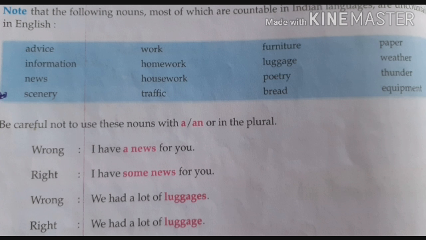All these given in the box are uncountable nouns. Let us see an example for better understanding.